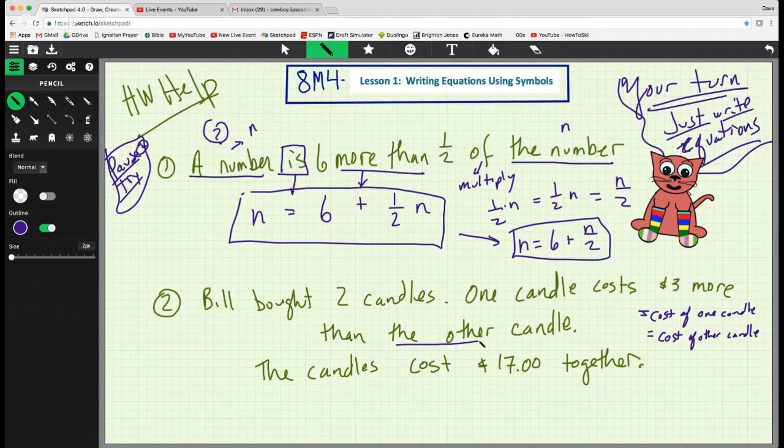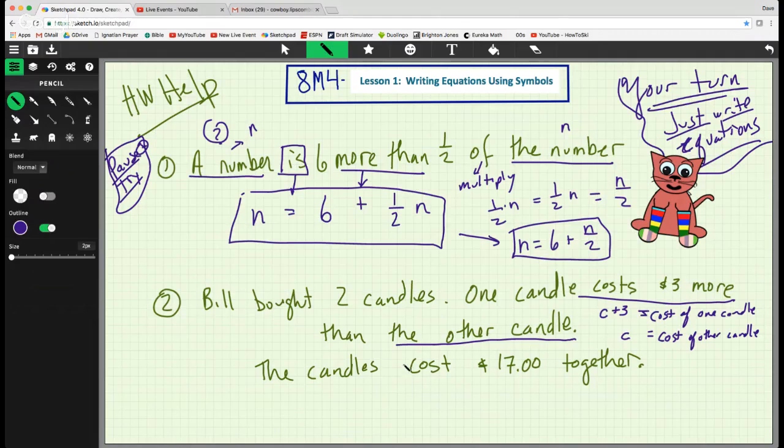So let's say that this is C. C is the cost of the other candle. And then the first candle costs $3 more, so C plus 3. One candle's C, the other one's $3 more. And if we add them together, it's $17.